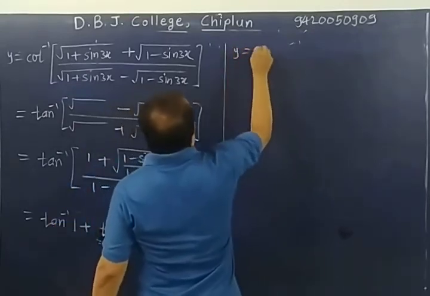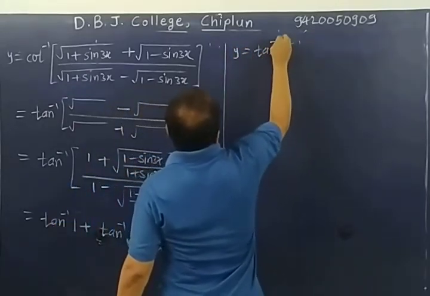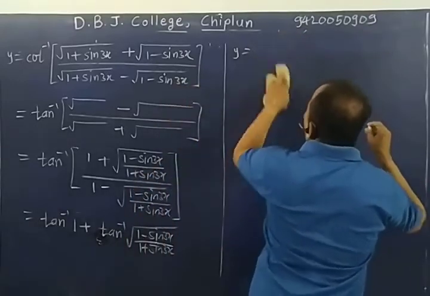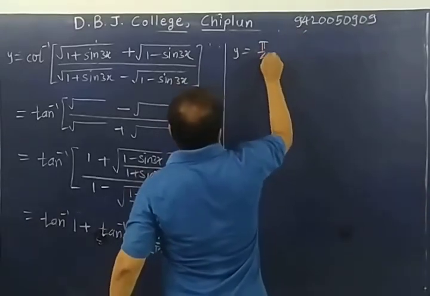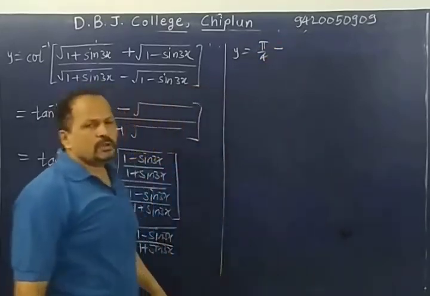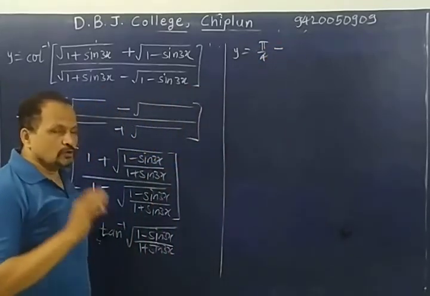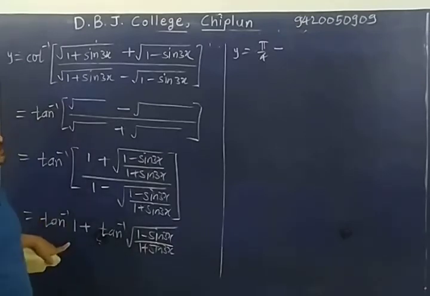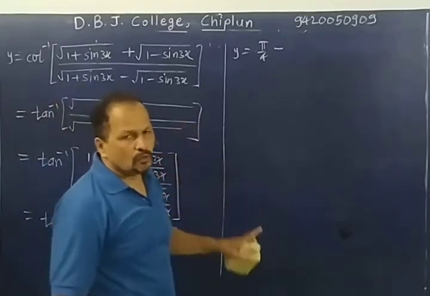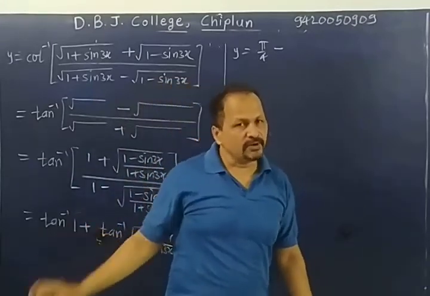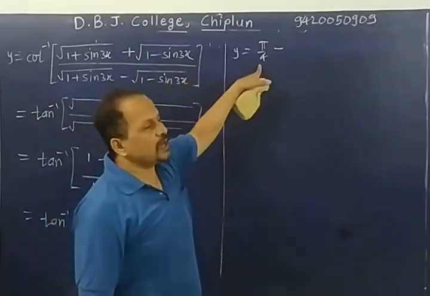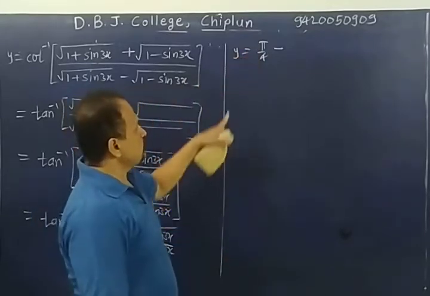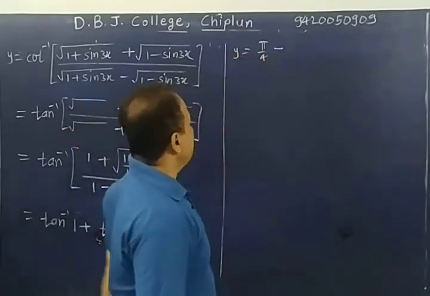Therefore y equal to tan inverse 1. Tan inverse 1 I can write here as pi by 4. No need to write pi by 4, but if you don't know it, you must know. But if you keep it as tan inverse 1, then no harm, it is a constant, its derivative is 0. But I know and I would like to recall the things, therefore I am writing here pi by 4.